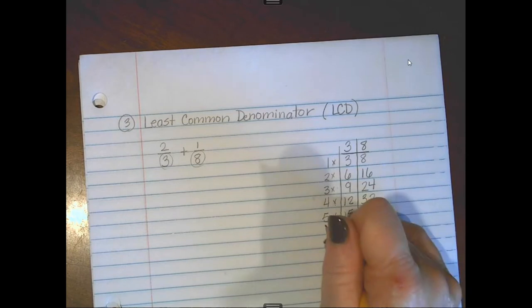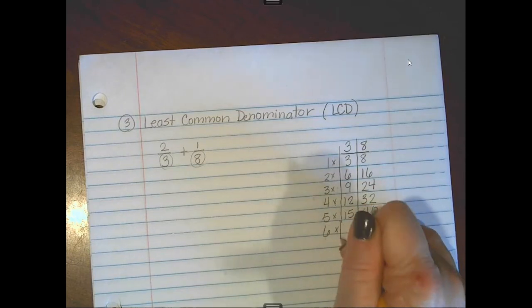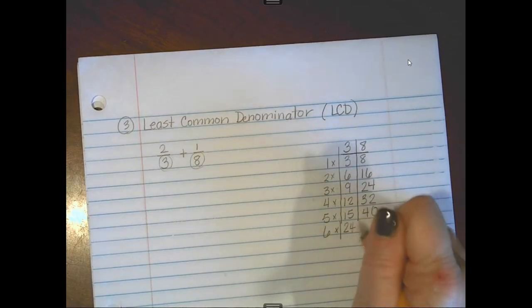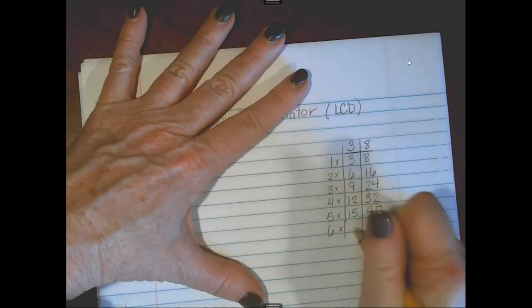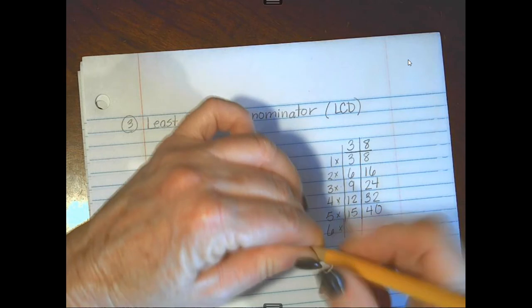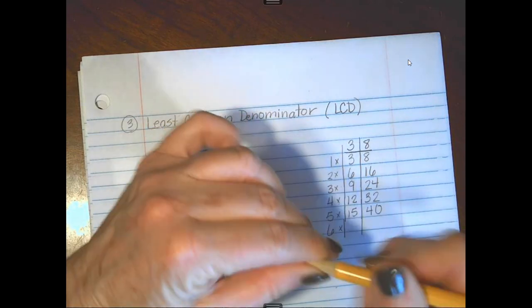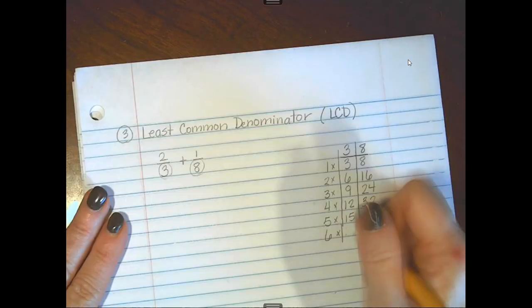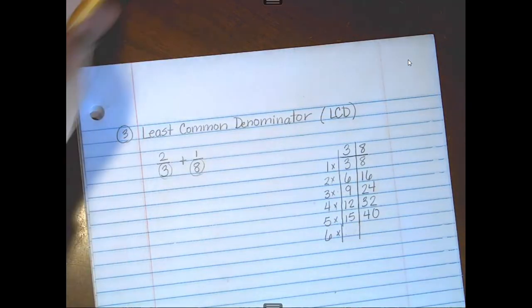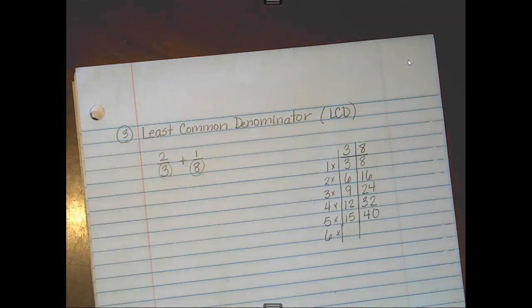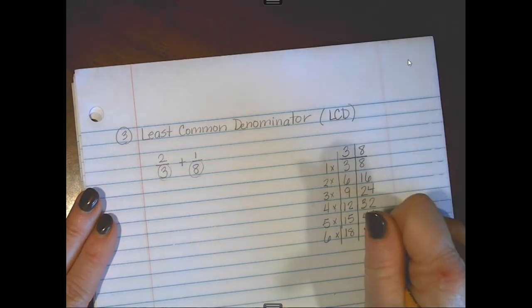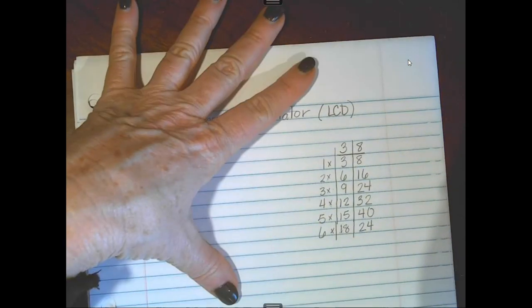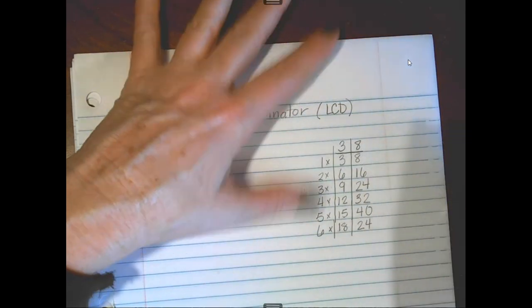All right, let's try 6. 6 times 3 is 18. Sorry, I was jumping over. And 6 times 8 is 24. Usually I only have to build it out about 5, but we've gone down 6 different multiples.